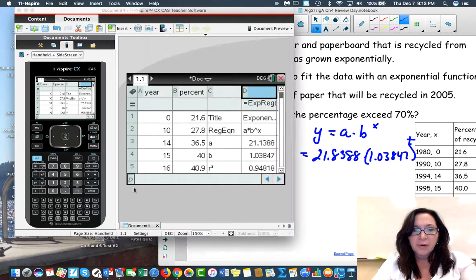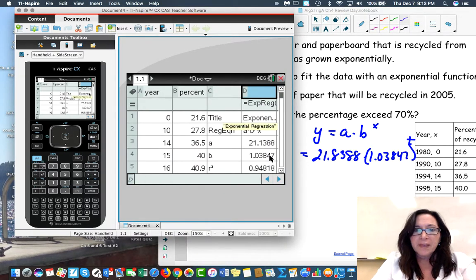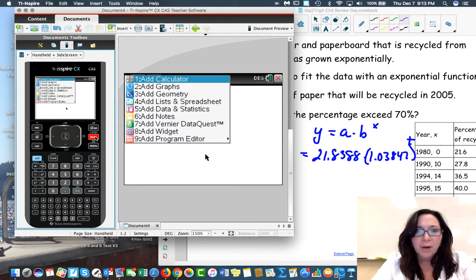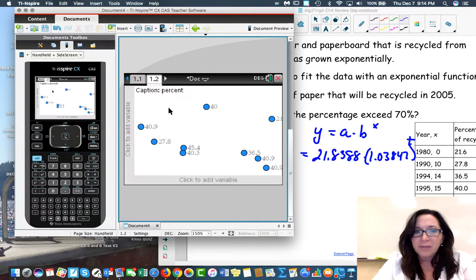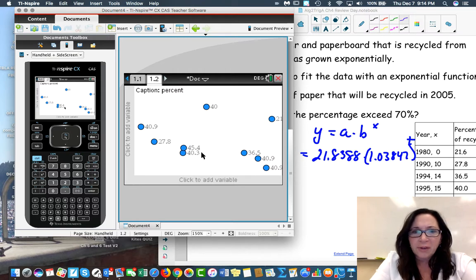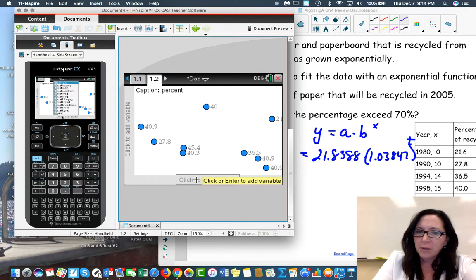However, another thing that you can do is once you're in the table screen, you're going to click Control and then Document. And when I get that, I'm going to roll down to where it says Data and Statistics. And what that's going to do is give me a scatter plot. I'm going to click to add a variable.